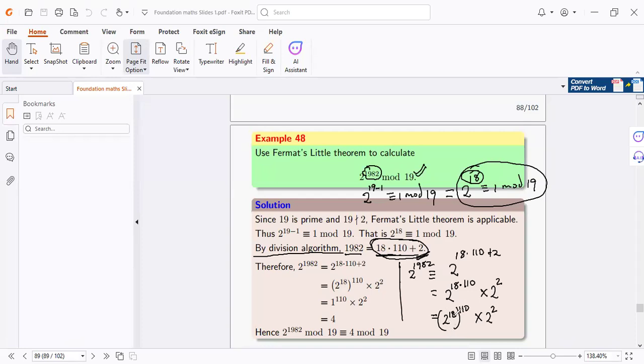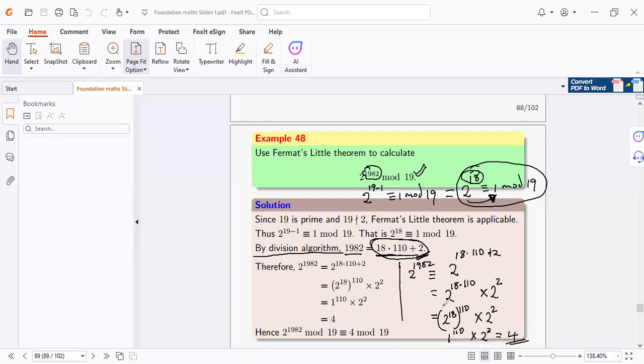But I know what 2 raised to 18 is: 2 raised to 18 is 1 from here. So this is the same as 1 raised to 110, and this is 2 raised to 2. So what is the remainder therefore? 1 raised to 110 is just 1, and 2 squared is 4. So the answer to this question is 4.